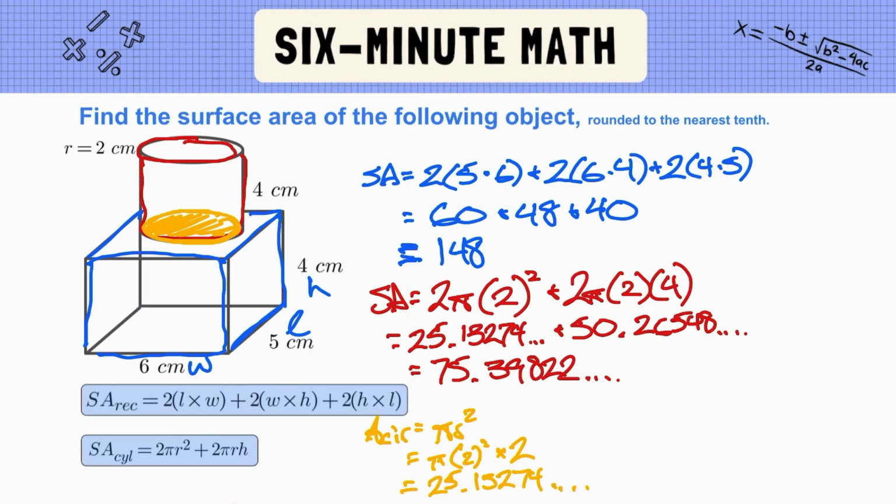25.13274... So I'm going to take my rectangular prism, add my cylinder, and subtract the part where they connect twice, once for each shape.